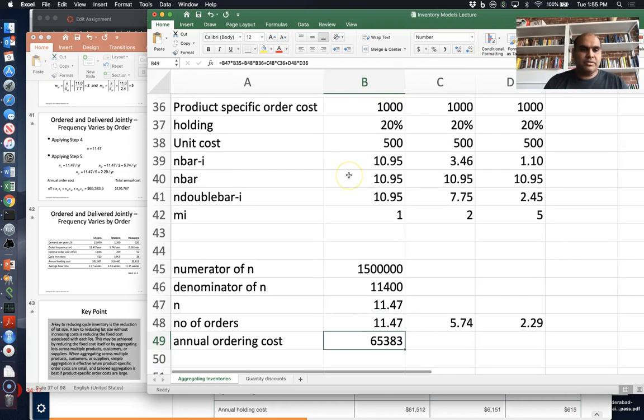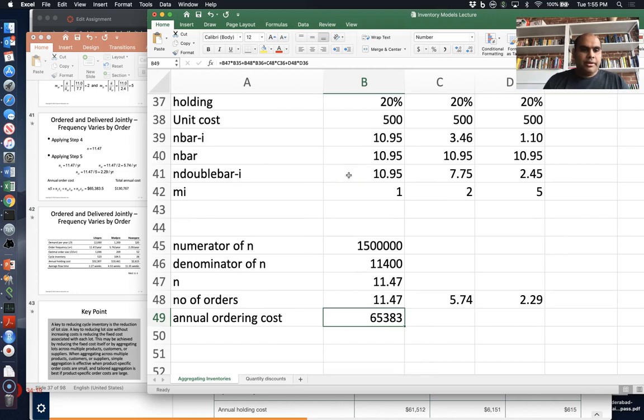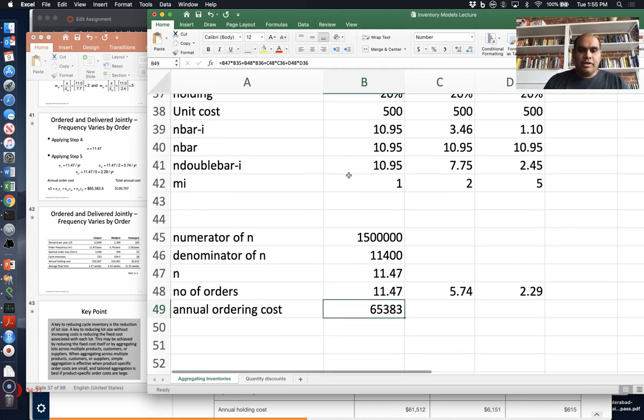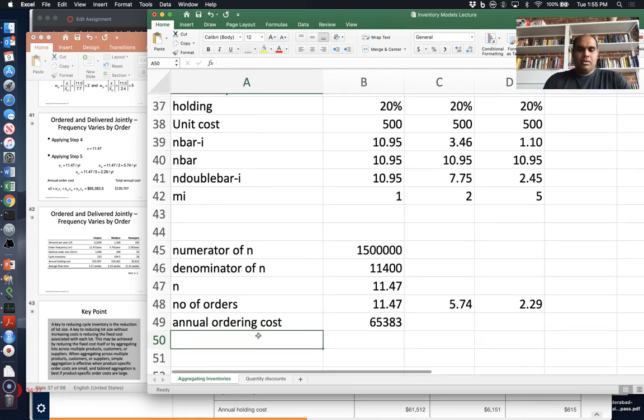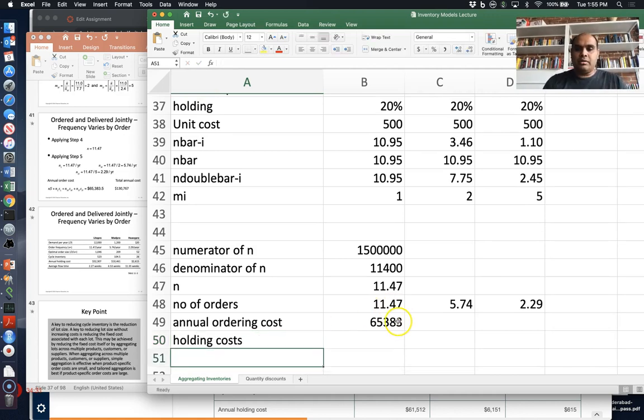I don't want any decimal places here. And right. And so we can calculate the total holding costs. We can calculate the holding cost separately for the 3 items.